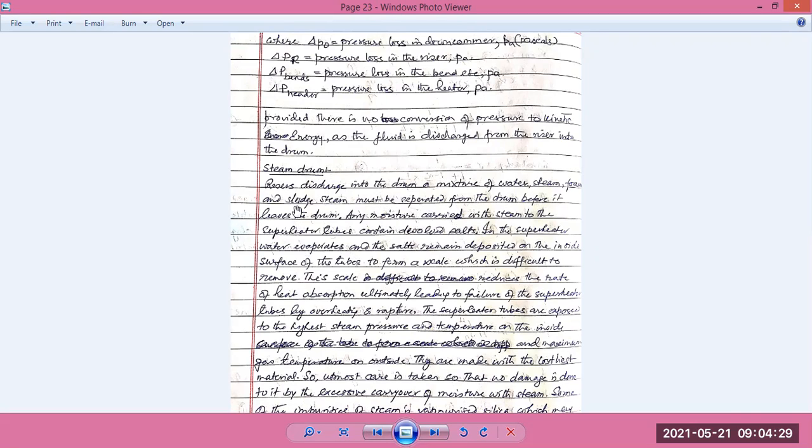This means there are a lot of impurities in the water, which create a good amount of slag.